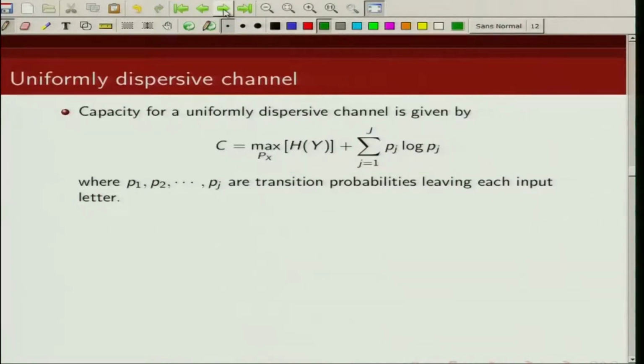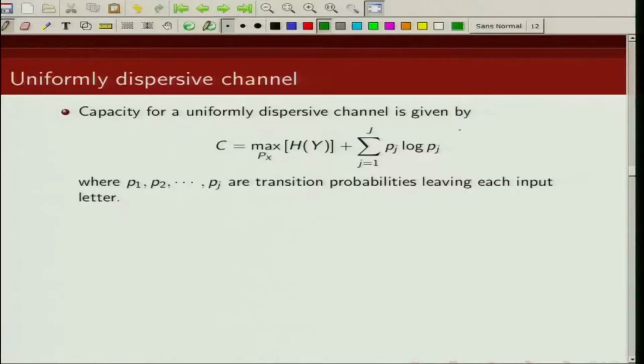Next, we can write down the expression for capacity for a uniformly dispersive channel. Now what was capacity? This was maximizing over all input distribution h of y minus h of y given x. Now no matter what's the choice of p of x, this quantity is fixed for a uniformly dispersive channel. So minus of this is essentially given by this expression.